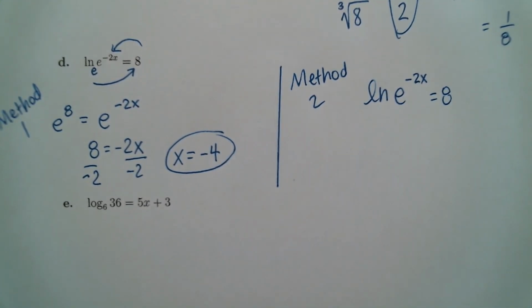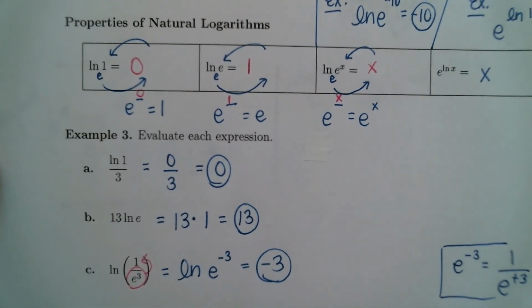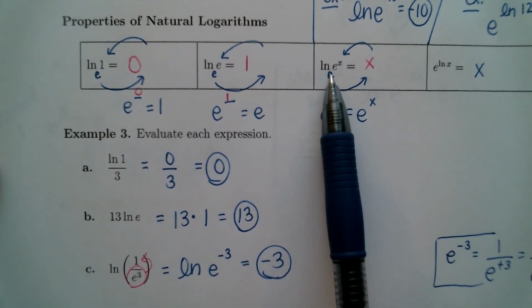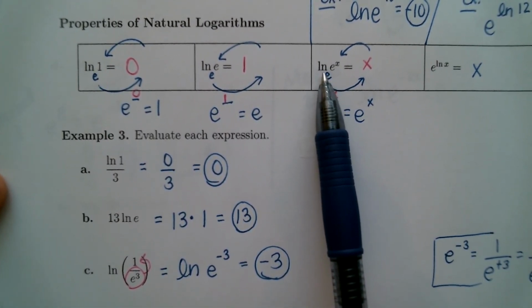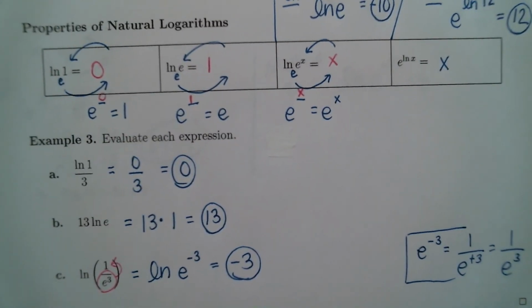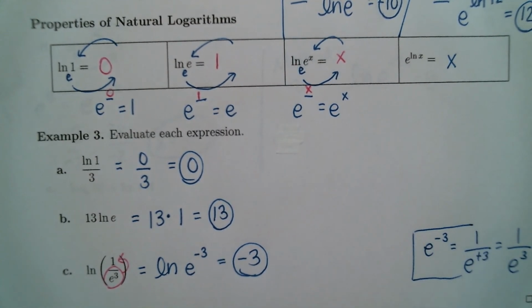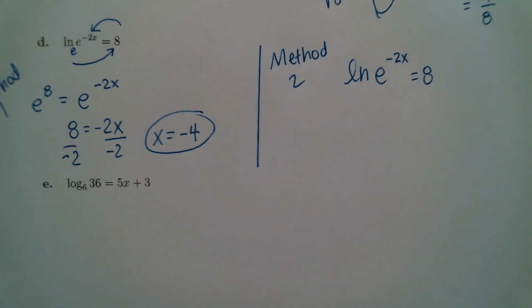When we first talked about natural logarithms on page 3 of this packet of notes, we went through properties of natural logarithms. We looked at this particular property, the third one here, where if we had the natural log of e to a power, natural log and e are inverse functions. If they're side by side, they cancel out and the exponent comes down. That's exactly what you have going on here.